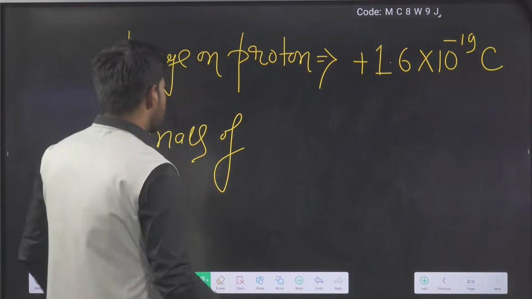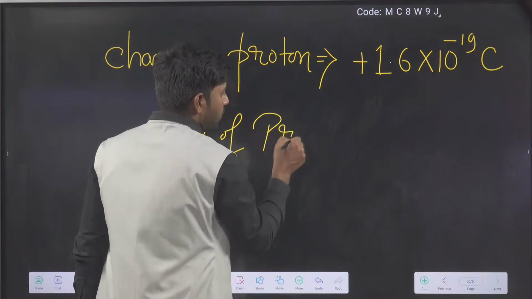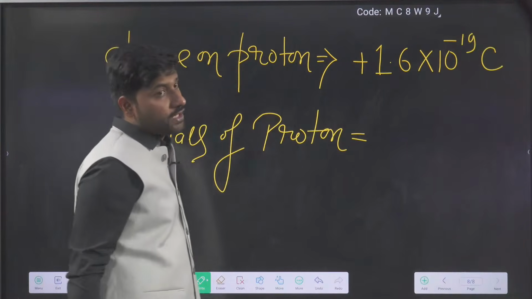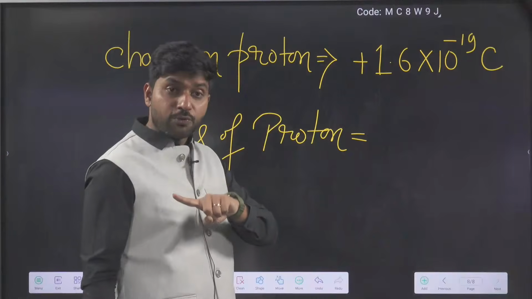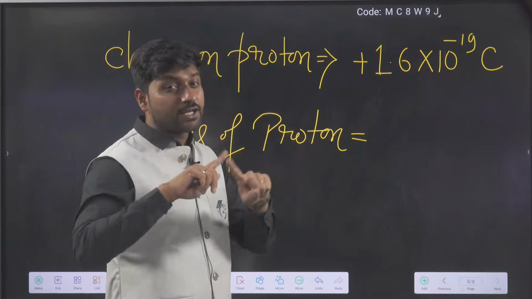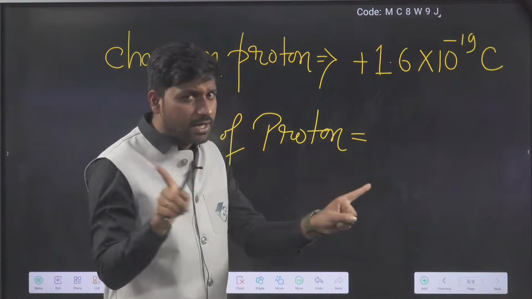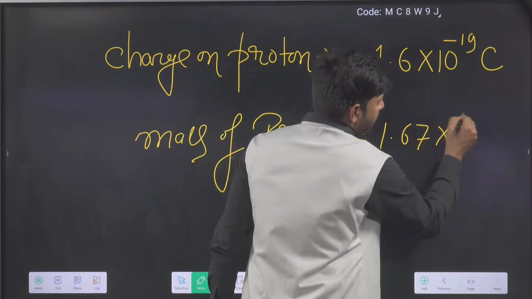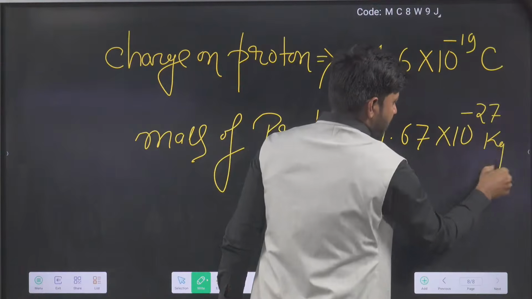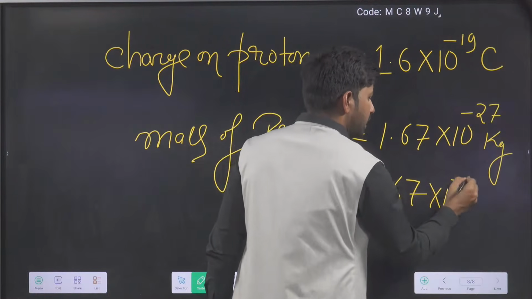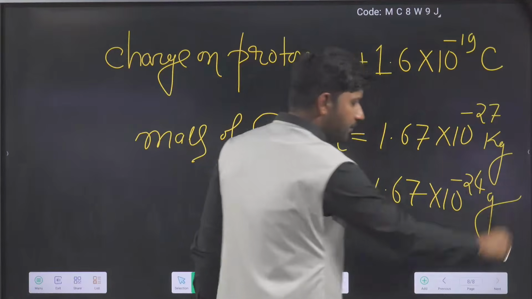Very good. So mass of proton is not equal to mass of electron. But the charges of electron and proton are equal and opposite, not the mass. In grams you will write 1.67 into 10 to the power minus 24 gram.